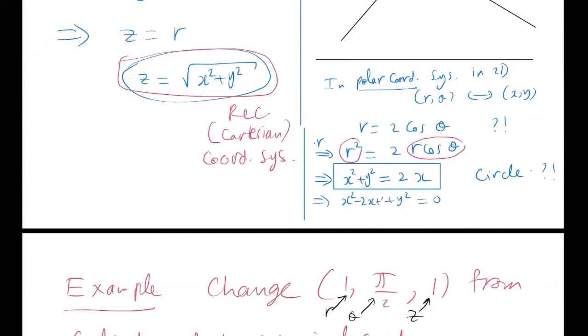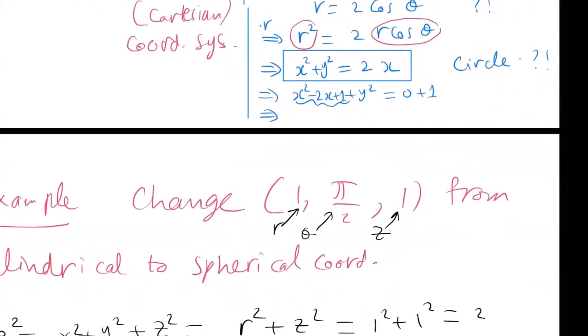We add 1 on both sides to complete the square and get x minus 1, all squared, plus y squared equals 1. Yes, a circle. The center is (1, 0) and the radius is 1.